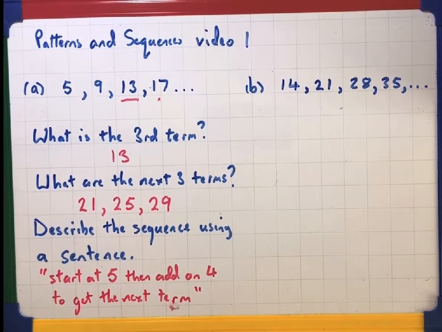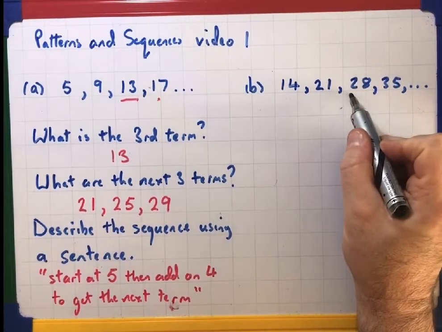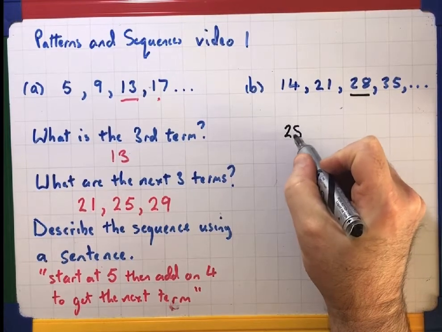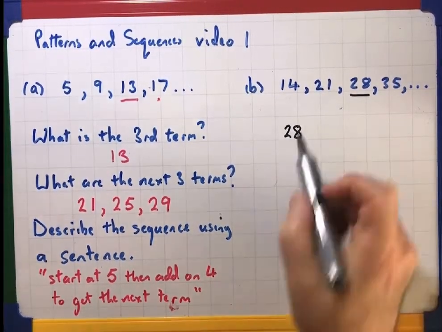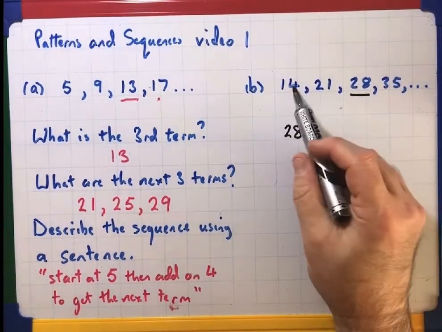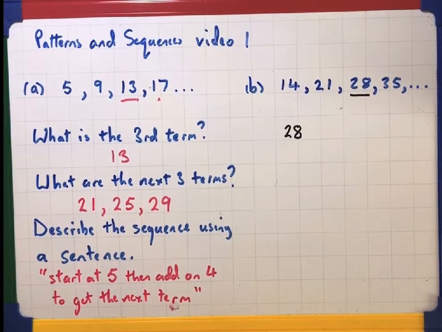Okay, let's have a look at this second example here. Again, what's the third term here? Well, that's that one there. It's 28, isn't it? That's the third term here, because it's the third number in the list. Now, it's going up by 7 each time, this one, isn't it?